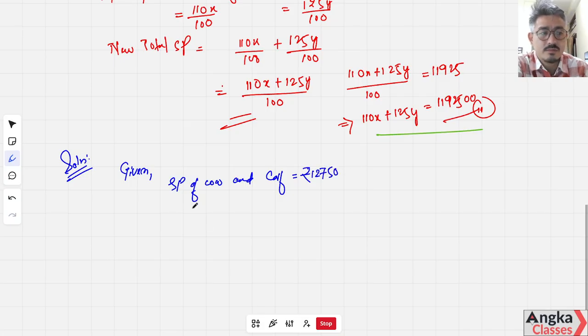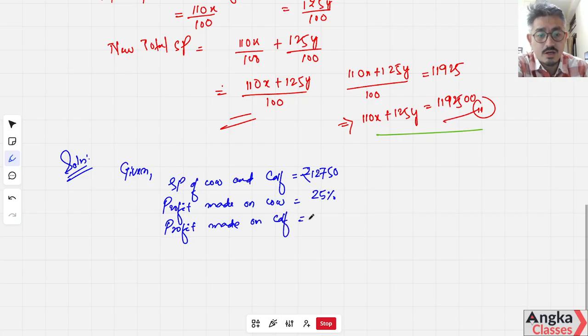The profit made on the cow is 25%. Similarly, the profit made on the sale of the calf is 10%.